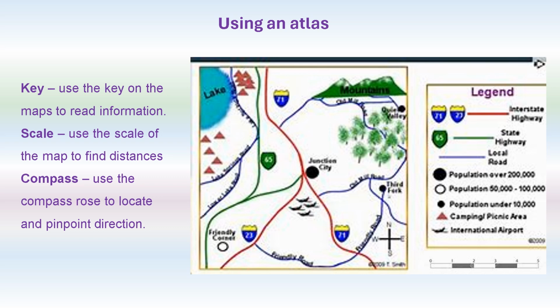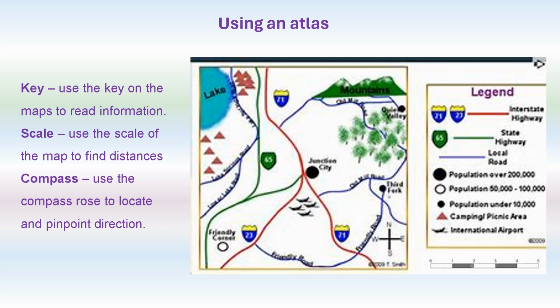Now, you're going to look at the compass. Now, in relation to Junction City, in which direction is the international airport? So you look at the compass and you're going to say it is in a southerly direction. Now, if you look at the map, you will see some triangles on the left.